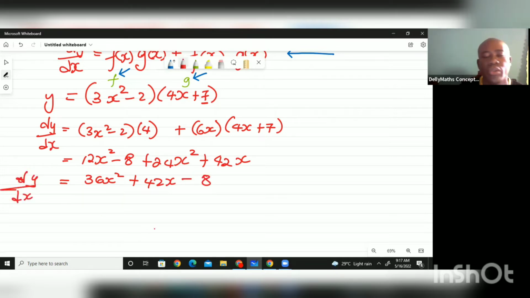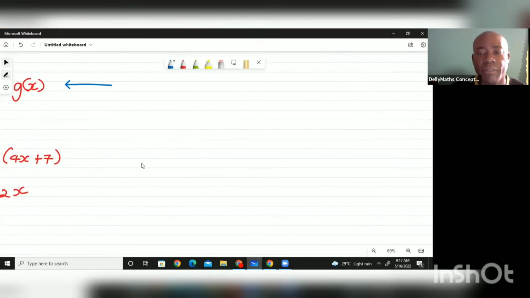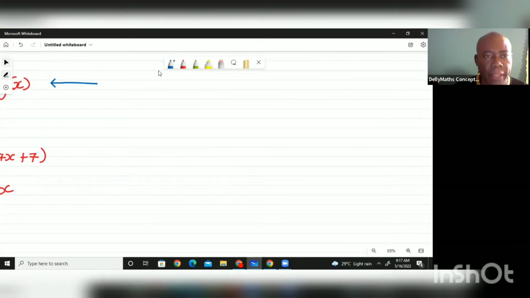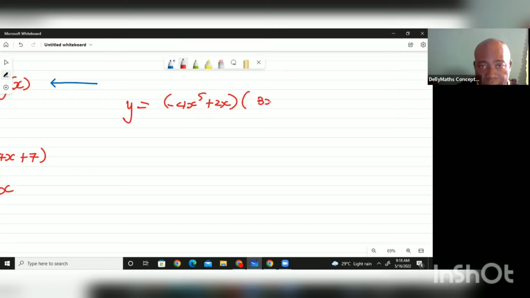So there it is, we took the derivative using the product rule, and that is example 1. Let's go for example 2 of the product rule. Let us say that we find ourselves with another example, and it's 4x to the 5th plus 2x, and this multiplied by, say, 3x plus 1.